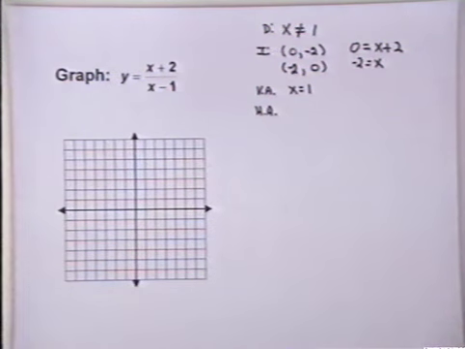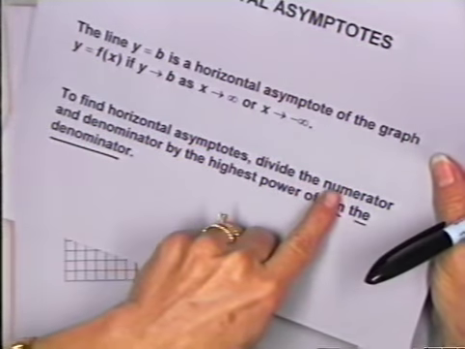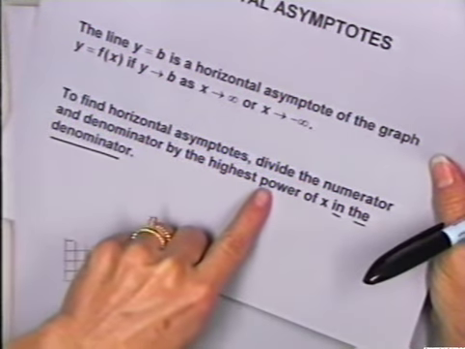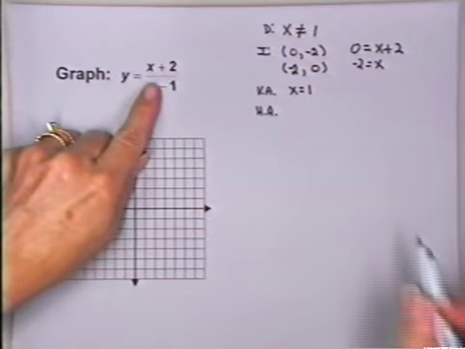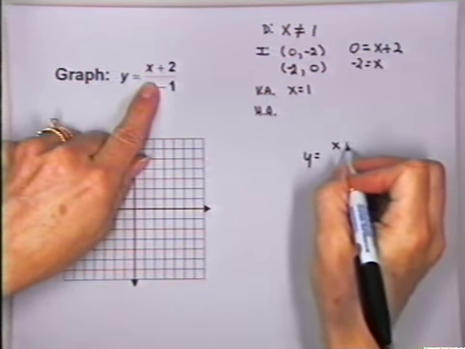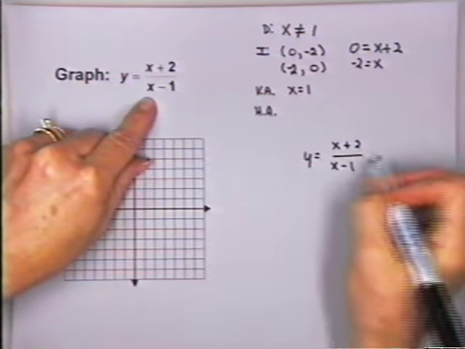Recall in our definition of horizontal asymptote, our instructions were to divide the numerator and denominator by the highest power of x in the denominator. Okay, well, let me take this equation, y equals x plus 2 over x minus 1.